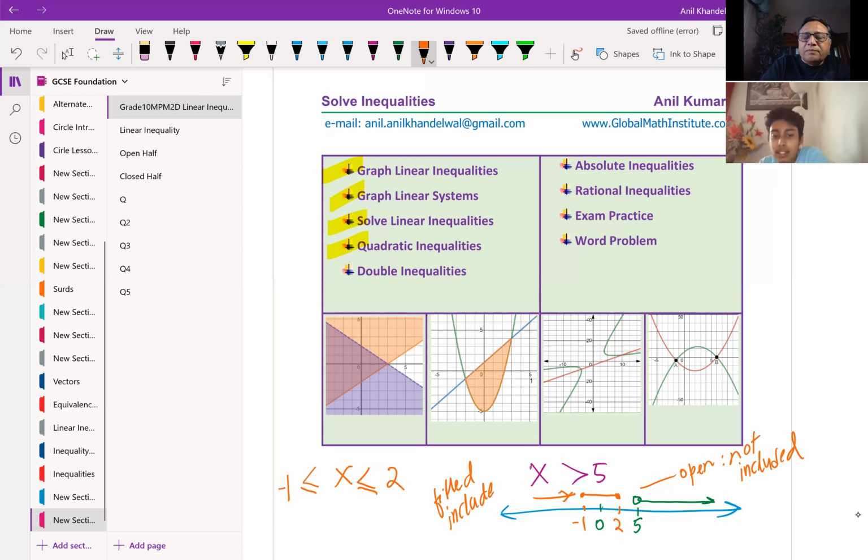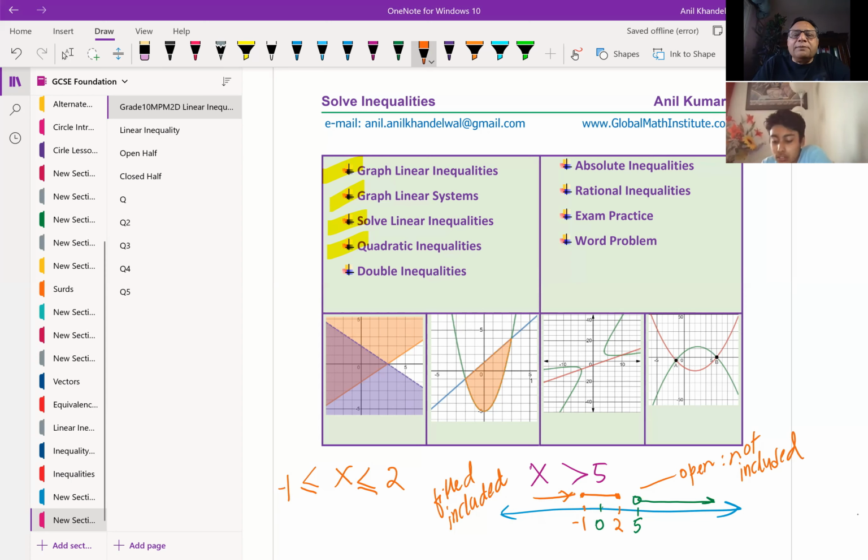So that would be like the greater than or equal to, less than or equal to. So that would also be considered as included? Yes. Whenever equal to comes, equal to means that point also, right? Greater than means not that point, but greater than. Less than means not that point, but less than. So it will be an open circle, right?